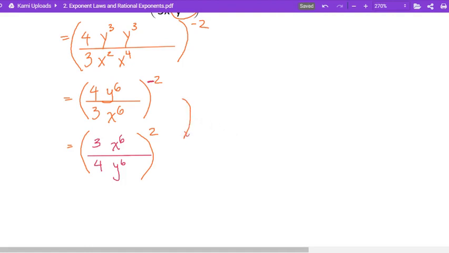So in this step, all I did, to clear the negative exponent, I'm going to write the fraction as its reciprocal.